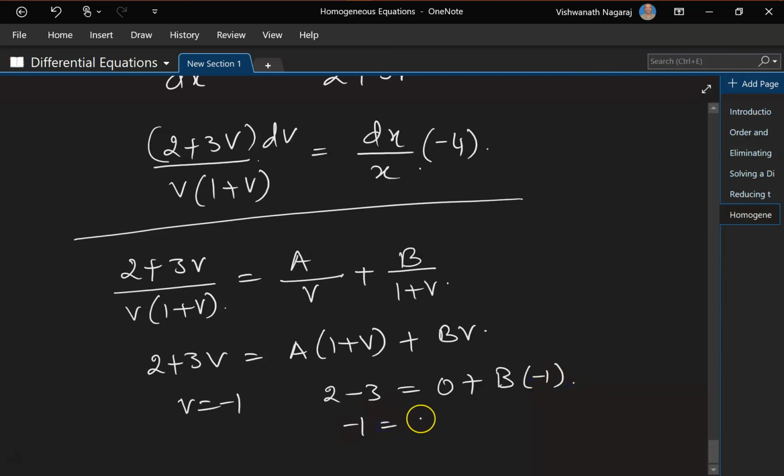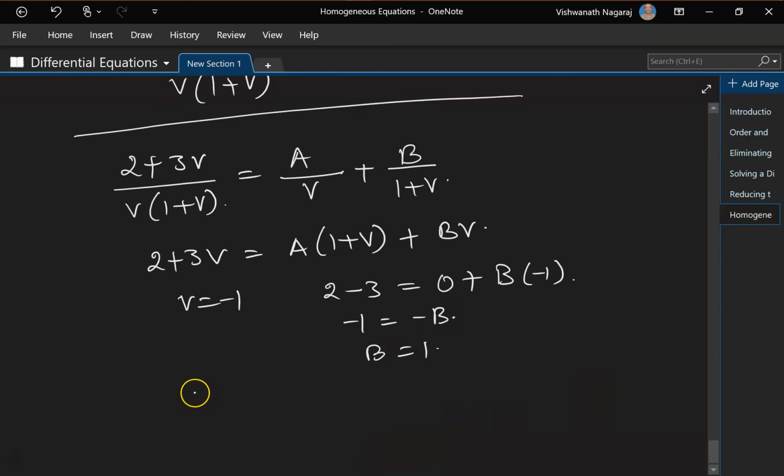So minus 1 is equal to minus b, or b is equal to 1. Okay, now let's make v equal to 0. If we make v equal to 0, we get 2 plus 0 is equal to a times 1 plus 0 plus 0, which means a is equal to 2.